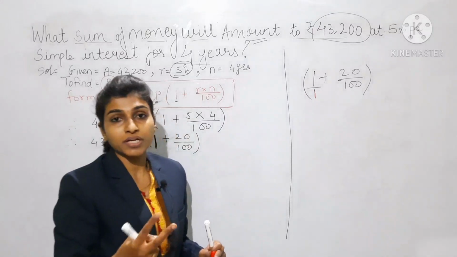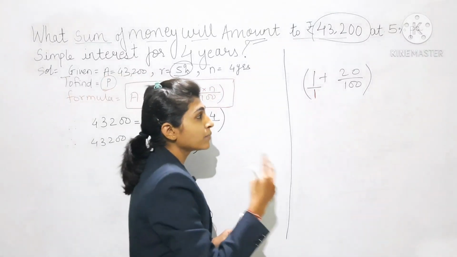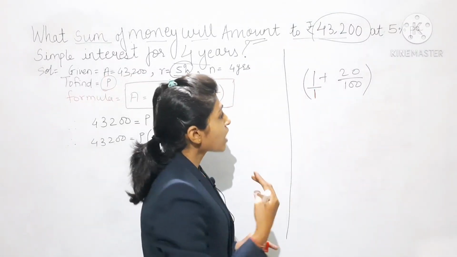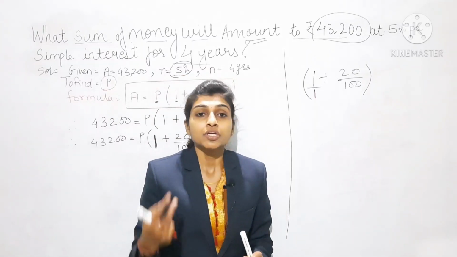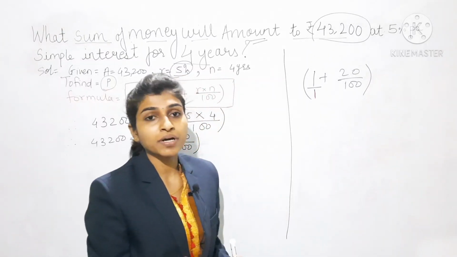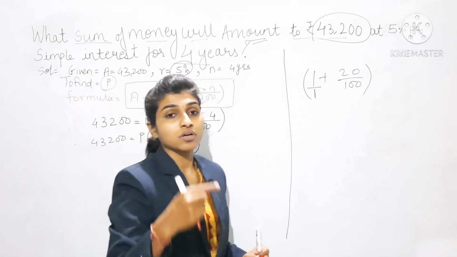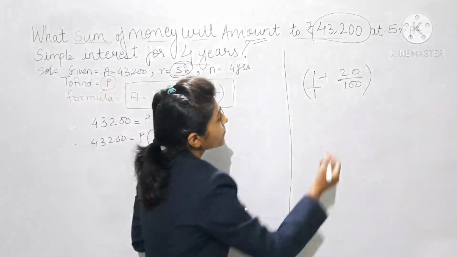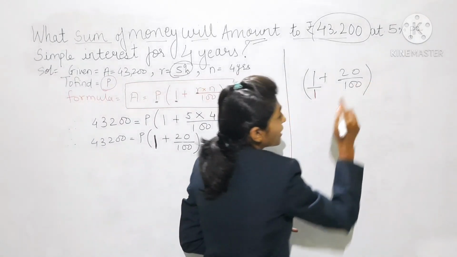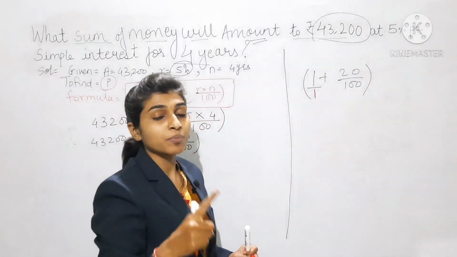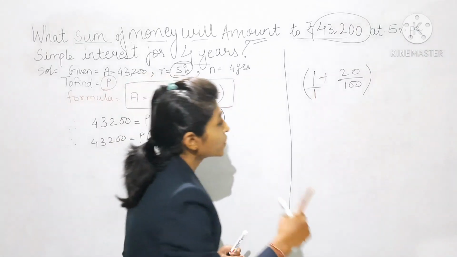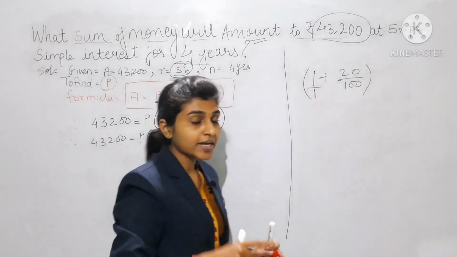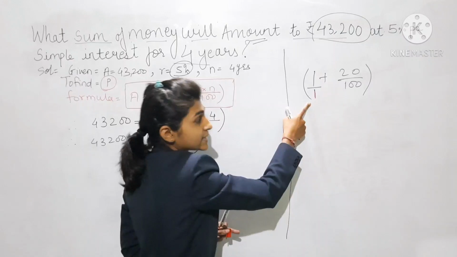Both the denominators are different, so we will make the denominators the same. How to make the denominator the same? You have to multiply by a number that makes the denominators the same. So for 100, I will multiply 1 by a number which will give me 100 here also and on this side also.